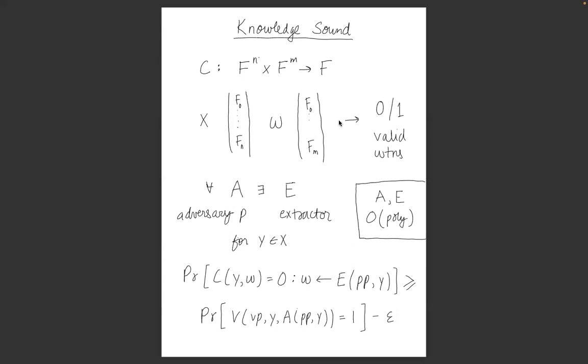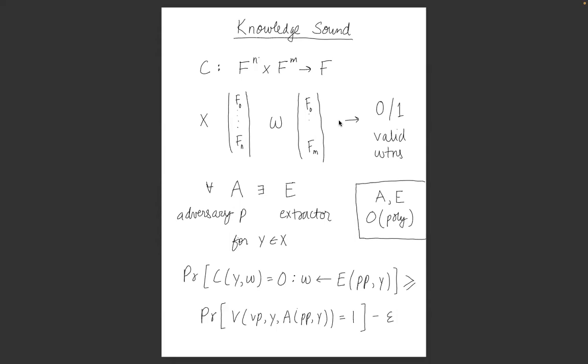We prove knowledge soundness by assuming that, say, we have an adversary A which can convince the verifier that the proof is valid. The adversary does not know the witness, so he can convince the verifier only with some probability that he knows a valid witness for some statement. Given such an adversary, there always exists some extractor E. E is an extractor algorithm, also known as the knowledge extractor.